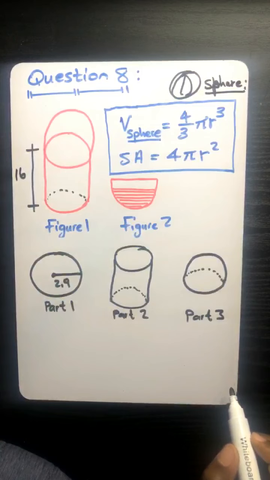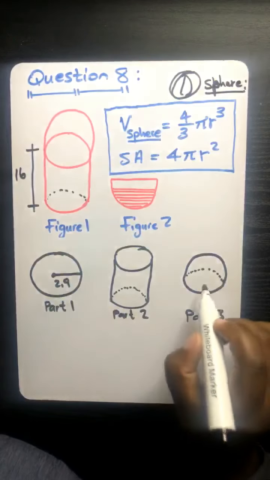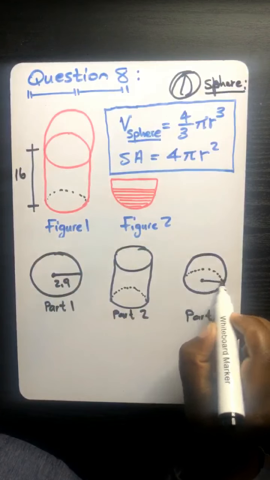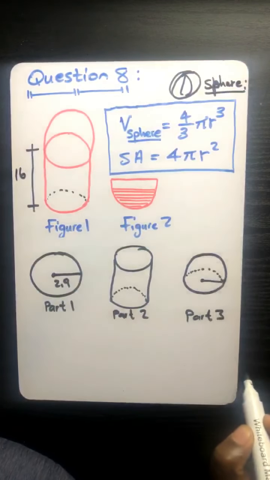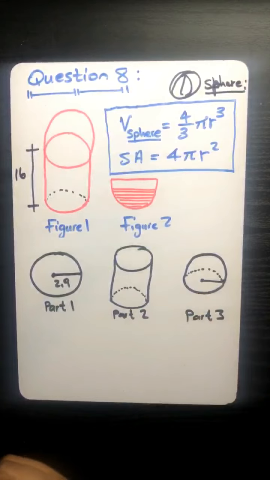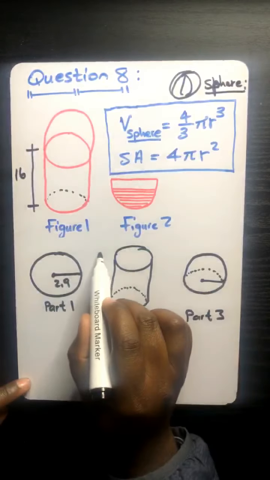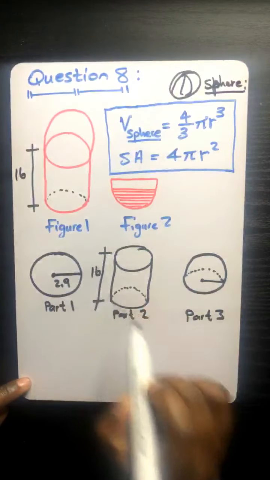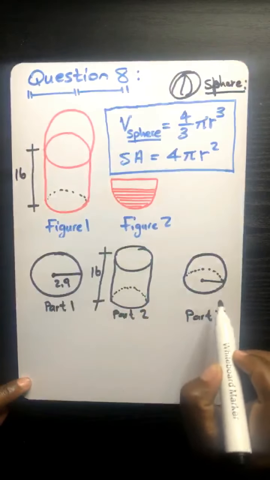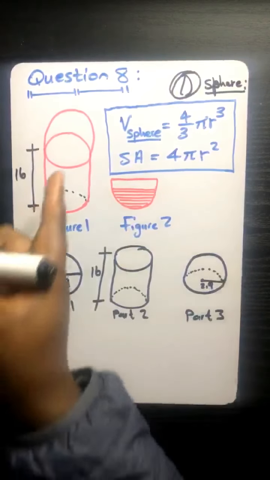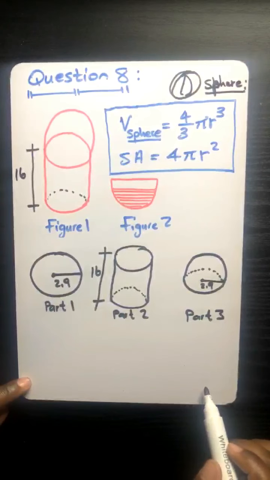I'm just not sure if you guys can tell what will therefore be the radius of that lid. Do you guys know, or can you guess? It's 2.9, sir. 100%. It is going to be 2.9 as well, because it fits perfectly on that can.